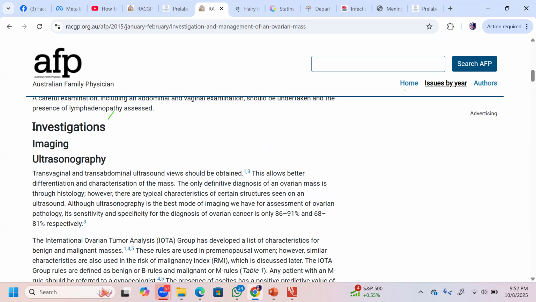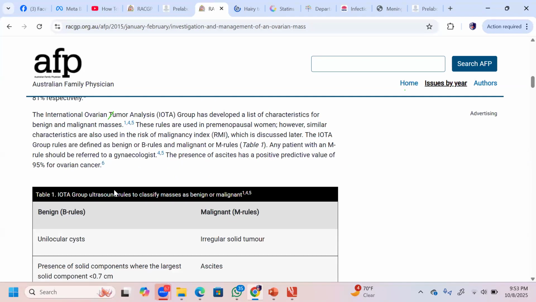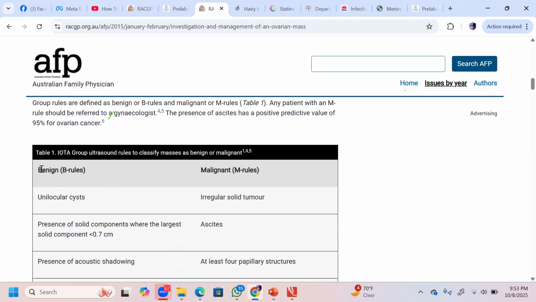In our patient, ultrasonography has already been done, and on ultrasonography they found the 5 centimeter cyst. So the next step is always transvaginal or transabdominal. Transvaginal has the best accuracy as compared to transabdominal ultrasound. So we will go with that, and afterwards you will find out whether the cyst is benign or malignant according to the ultrasound finding.